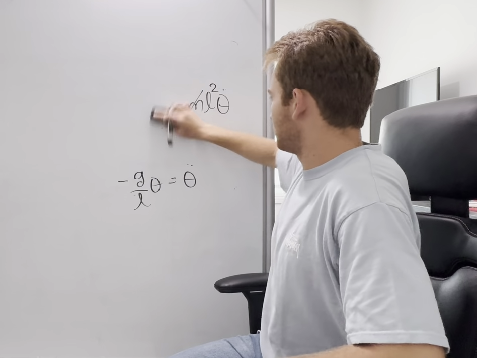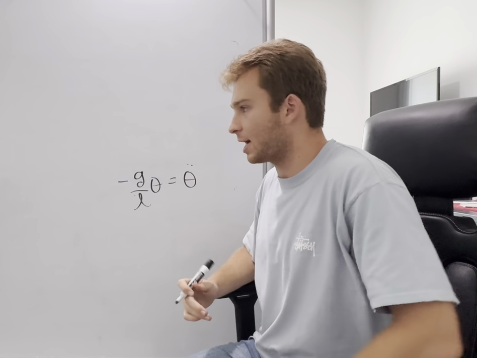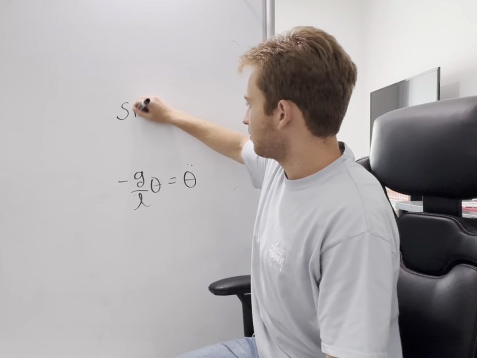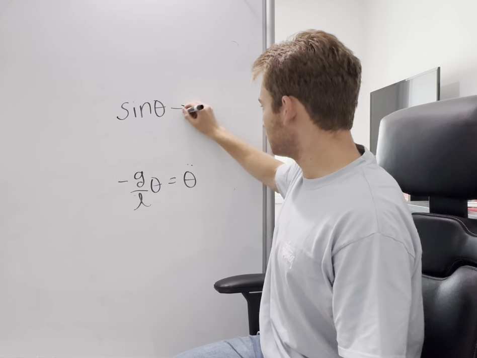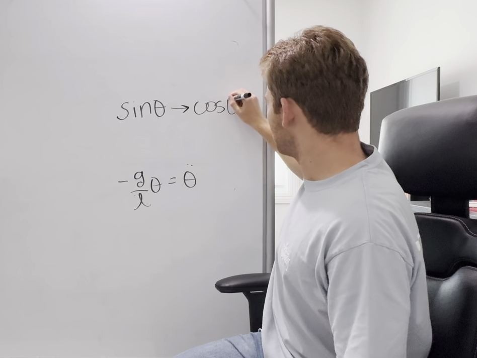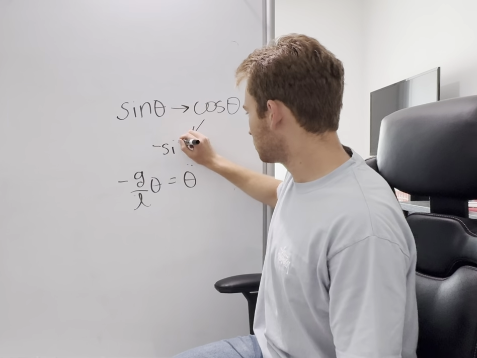You'll notice, and this is also something you'll notice if you've ever taken a Calculus 1 class before, recall the derivative of sine of theta is equal to cosine of theta, and the derivative of cosine of theta is equal to negative sine of theta.